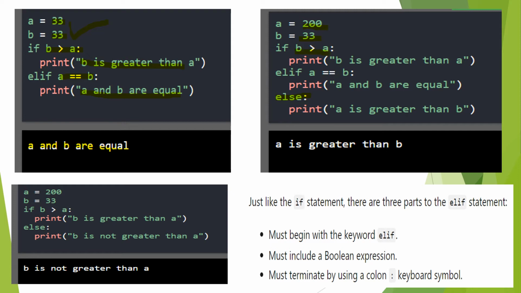It says B greater than A. So this is not true. Also, the elif condition is not true because A is not equal to B. 200 is not equal to 33. So we go to the else condition and print that A is greater than B. So that is why we have this output.